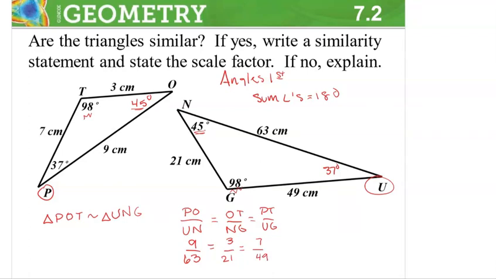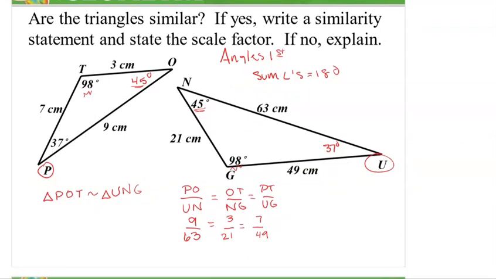So we can check this and see that if I reduce this, this is 1/7, this is 1/7, this is 1/7. Because the sides are proportional and the angles are all congruent, then yes, these are similar.